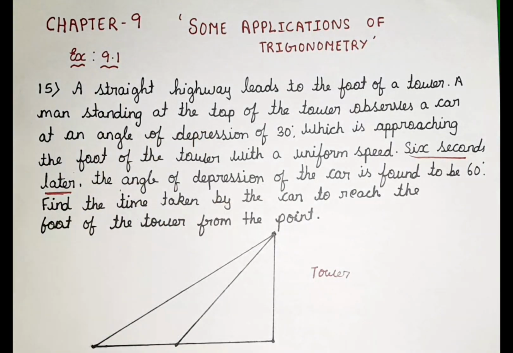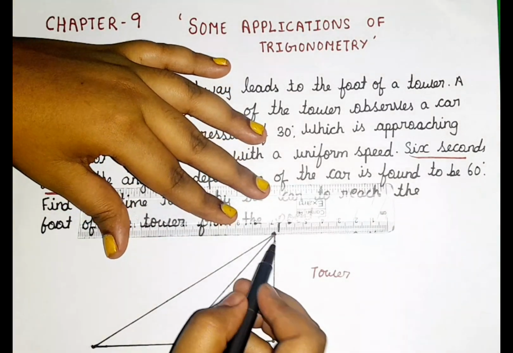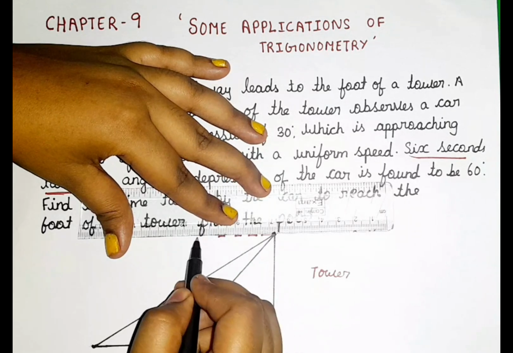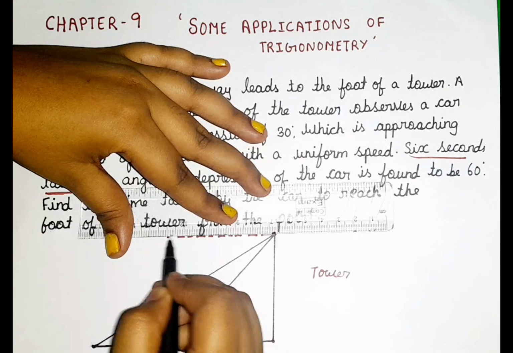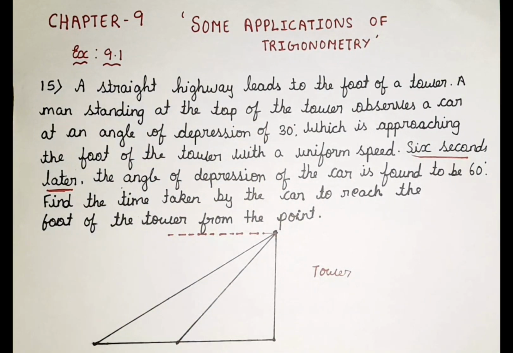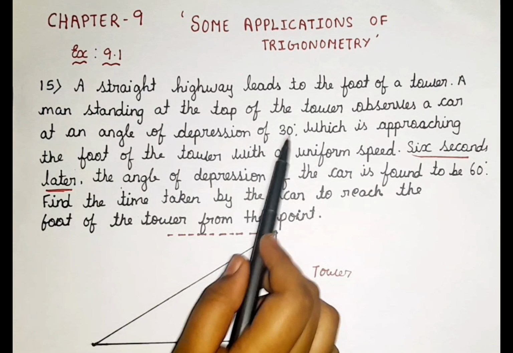Perfect. So now let us talk about the angle. Since they are talking about angle of depression, we are supposed to draw a horizontal line like this. So this is the horizontal line. According to the question, first the angle of depression is 30 degrees.